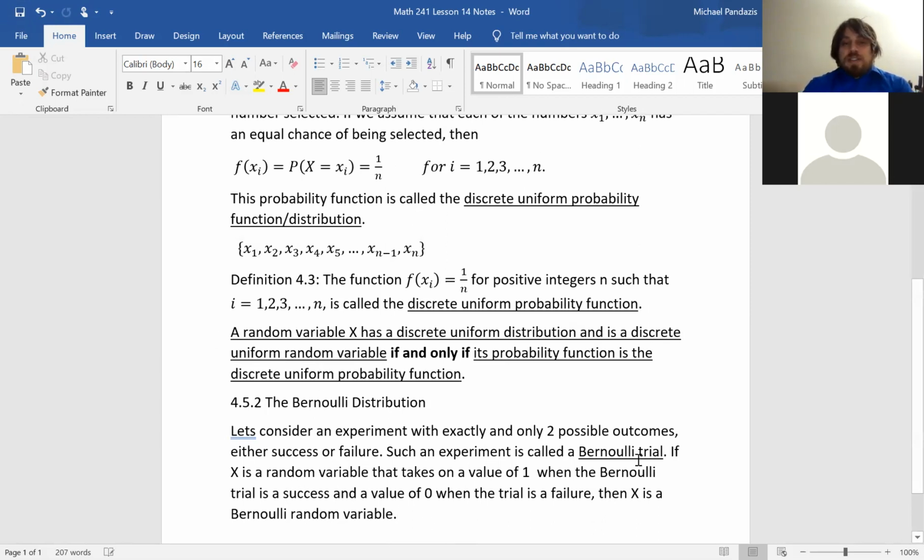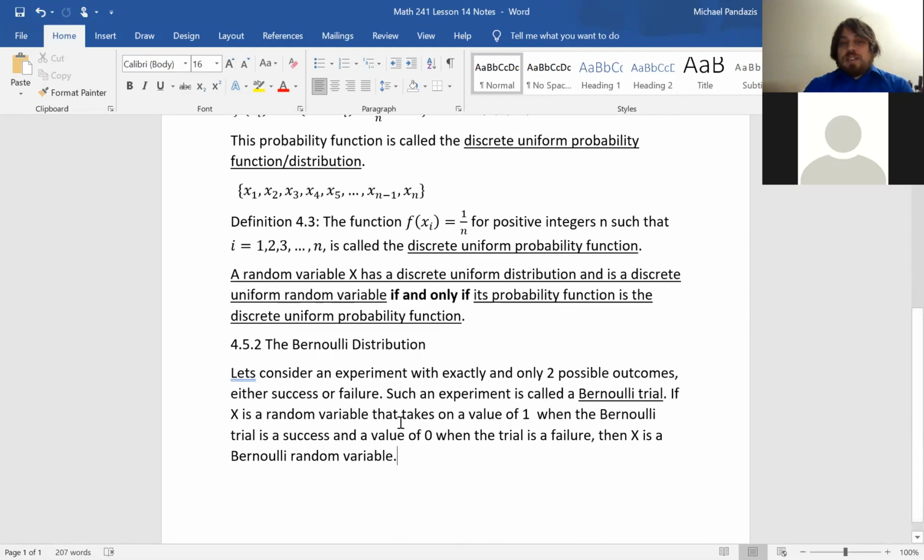So what's happening is this random variable capital X is capturing the idea that there's only two possibilities. Okay, you either have success or failure in your experiment. And so when your experiment is a success, your random variable will spit out the value of 1, and when it's a failure, it'll spit out the value of 0. And so X in that case is called a Bernoulli random variable.